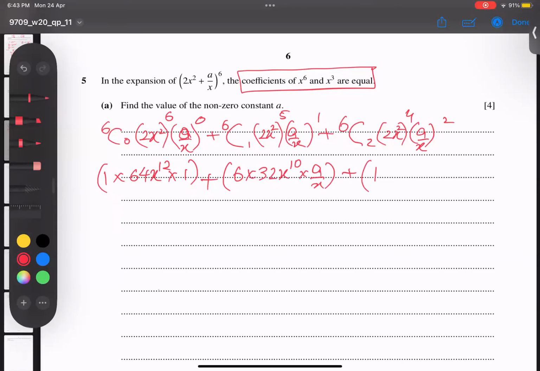So 15 into 2 to the power 4, 16, x to the power 8, into a to the power 2 over x to the power 2.